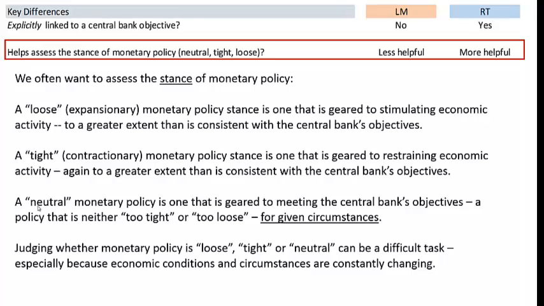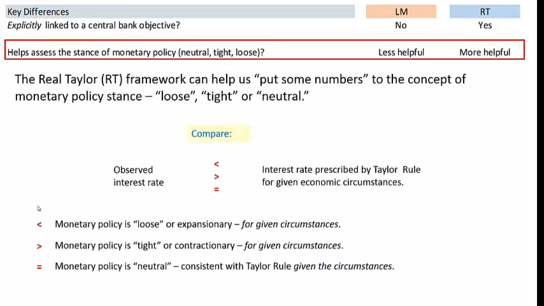Now, judging whether monetary policy is loose or tight or neutral can be a difficult task, especially because economic conditions and circumstances are constantly changing. But the real Taylor framework is a little bit more well suited to help us put some numbers to the concept of the monetary policy stance, loose or tight or neutral.